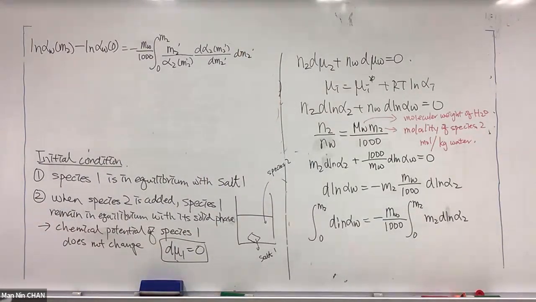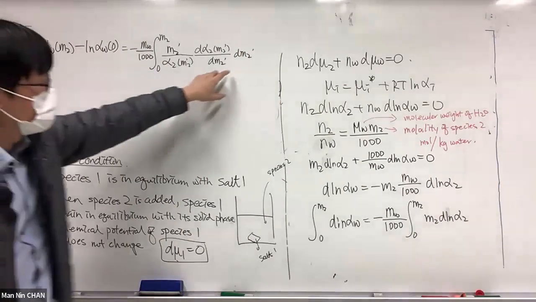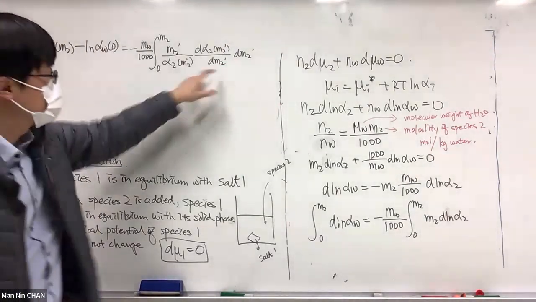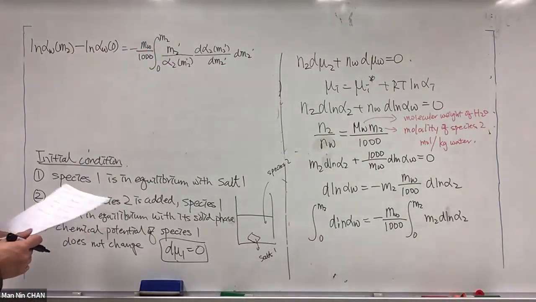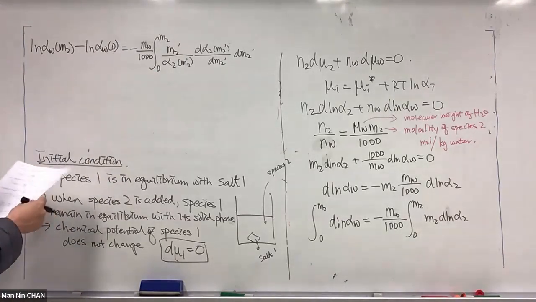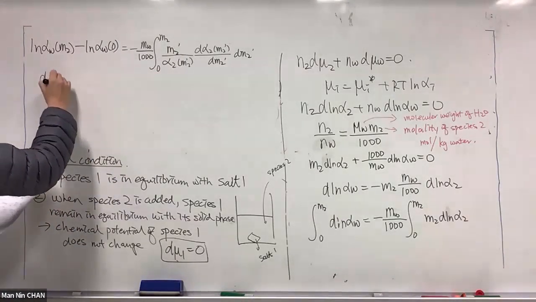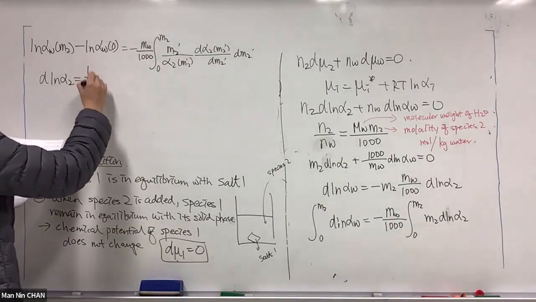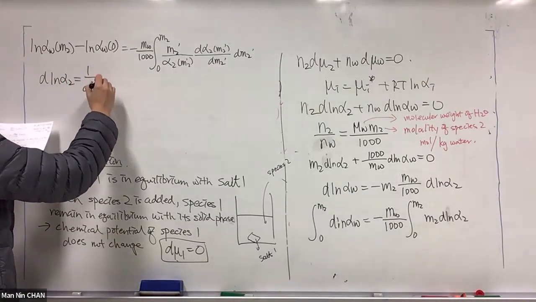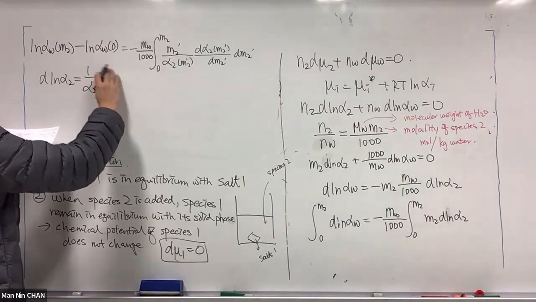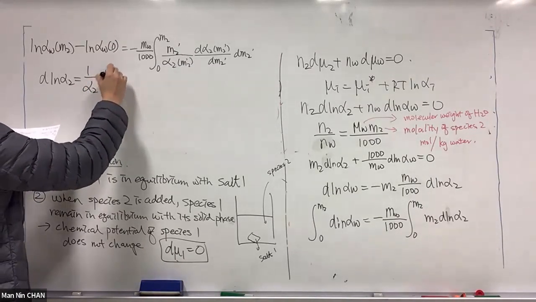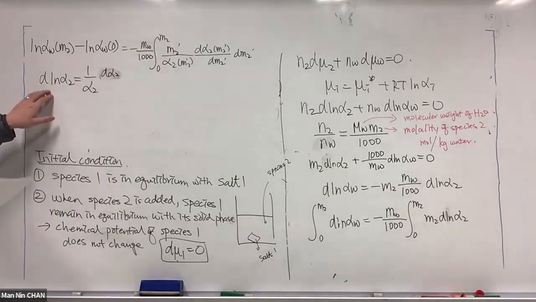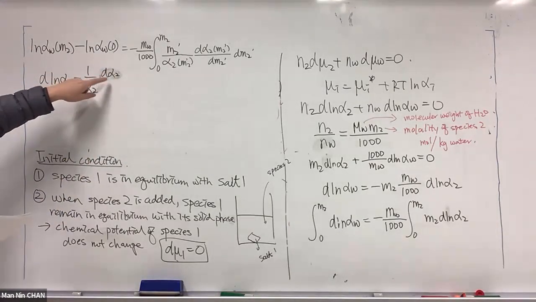So basically, I want to take the integration, so look at how the change of species 2 goes from 0 to n2 here. So I can apply the chain rule. In case you're interested, this one is equal to 1 over alpha 2 times d alpha 2.